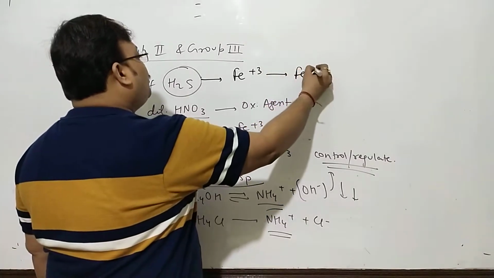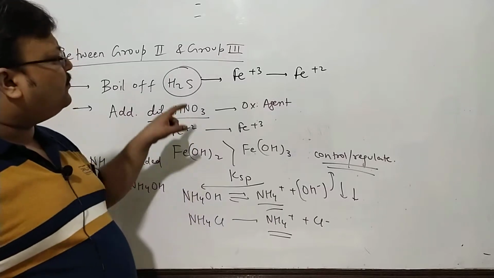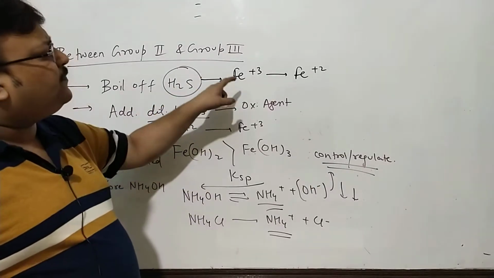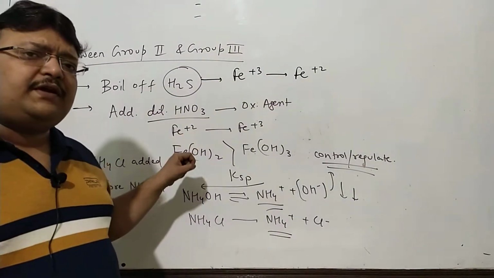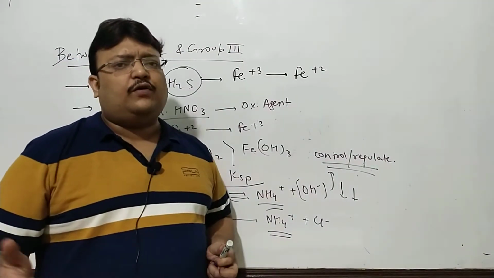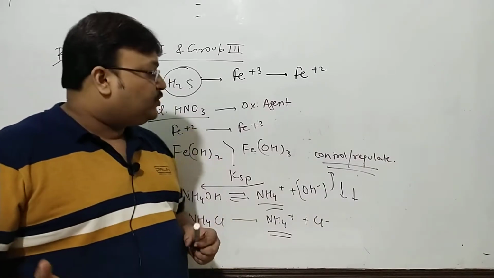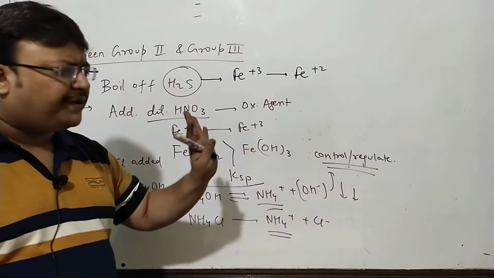Even if it was ferric to begin with, the group 2 reagent would have reduced it. So this is something you need to do every time. Either you start with a new sample where you did not add H2S at all, or you add nitric acid so that you convert ferrous to ferric, which is easier to precipitate.